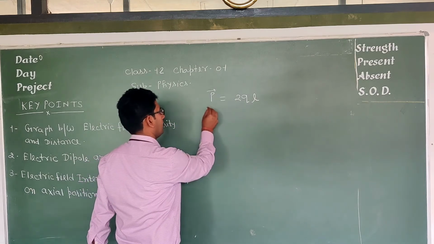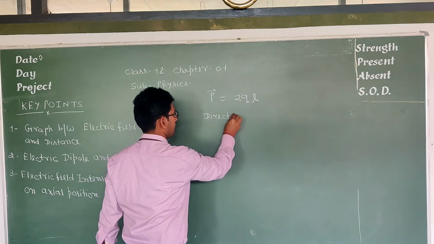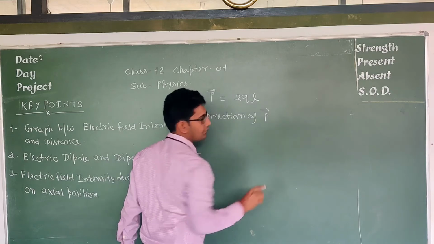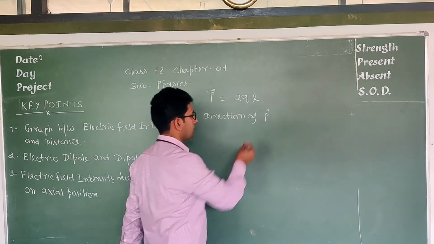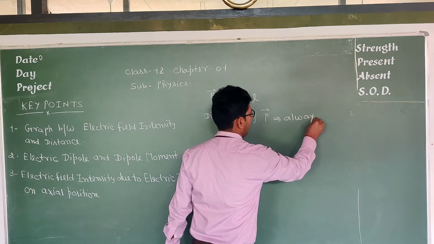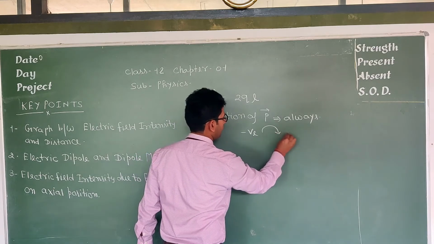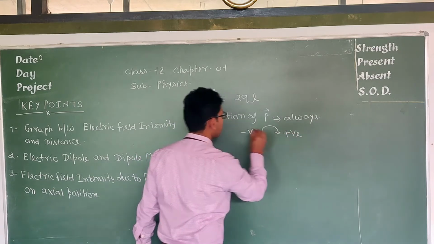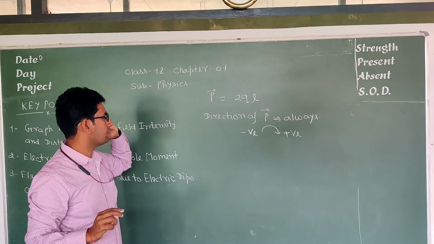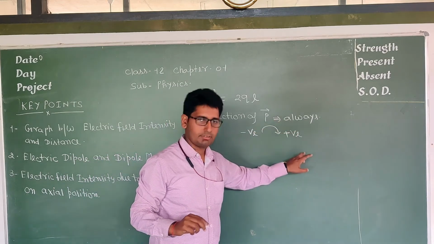And the direction of P, the direction of electric dipole moment, remember, is always from negative charge to positive charge. This is an important point.